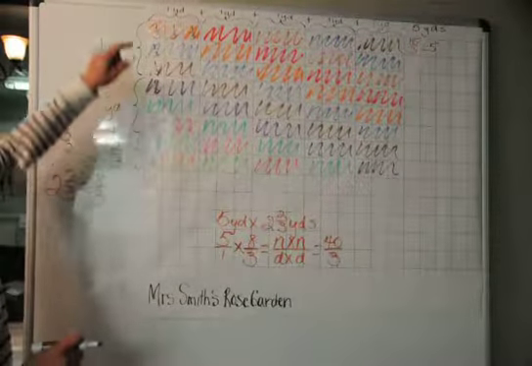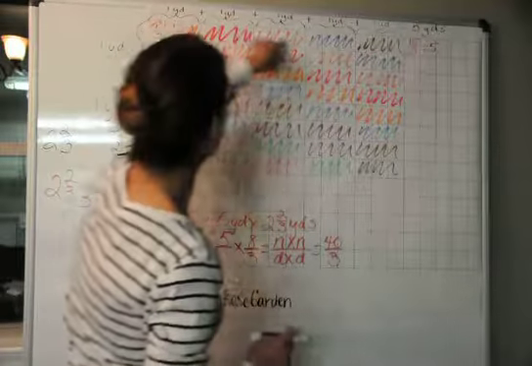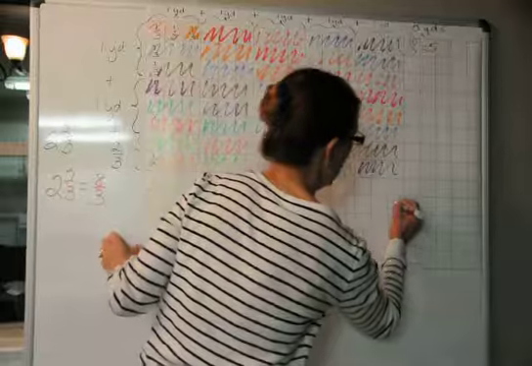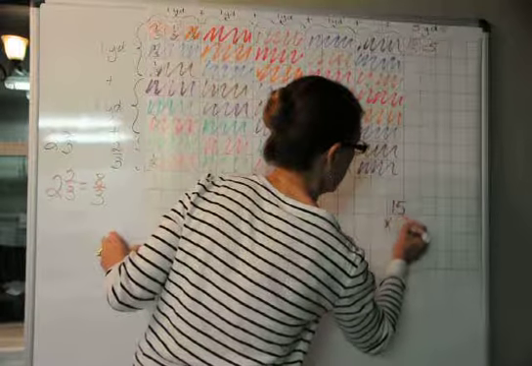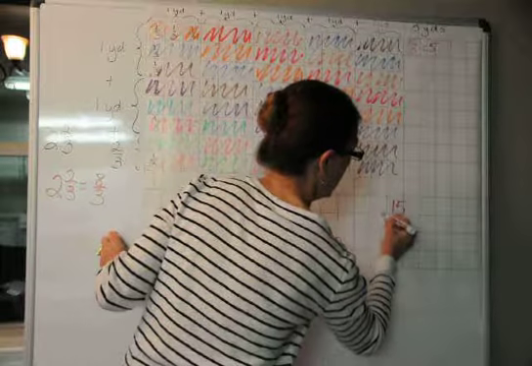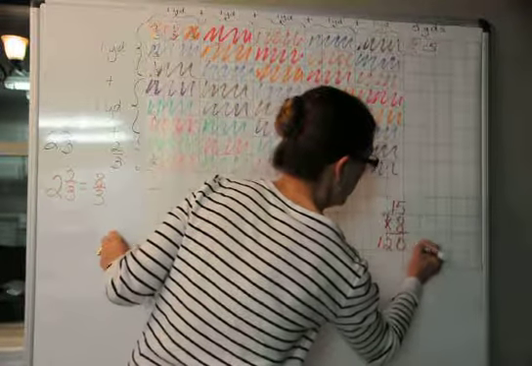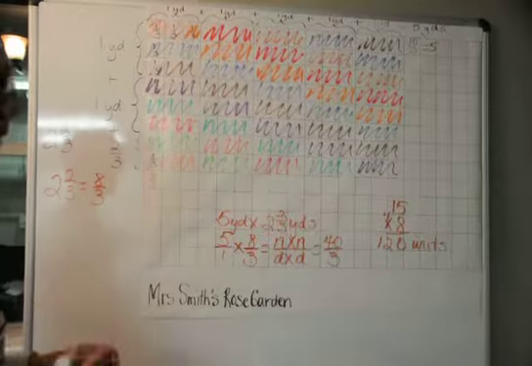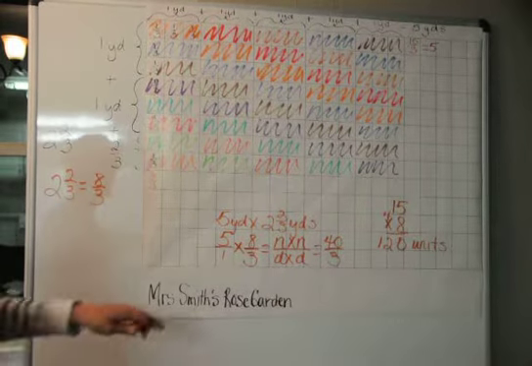And if we count these, we have 15 across and 8 down. And if we multiply that out, 8 times 15 is 120 units that we have here. 120 units.